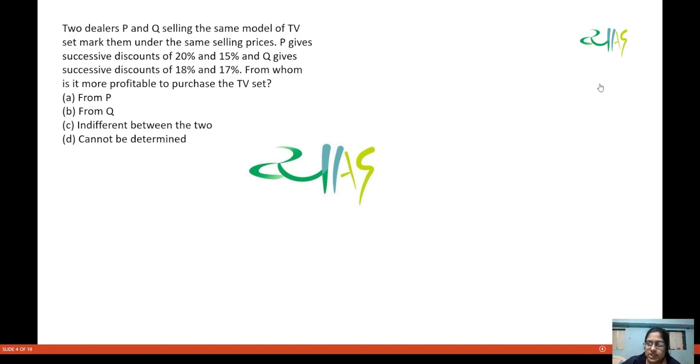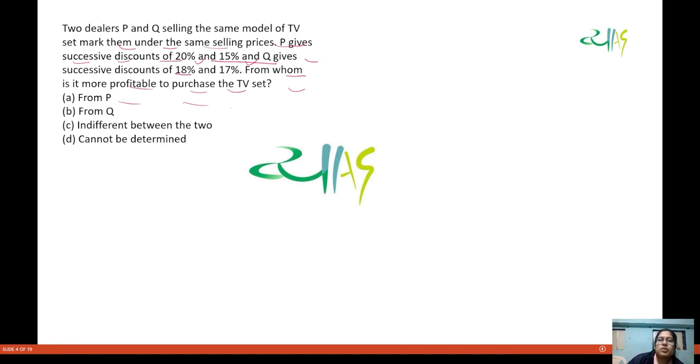Now look at this question. What this question is saying: two dealers P and Q selling the same model of TV set mark them under the same selling price. P gives successive discounts of 20% and 15%, and Q gives successive discounts of 18% and 17%.